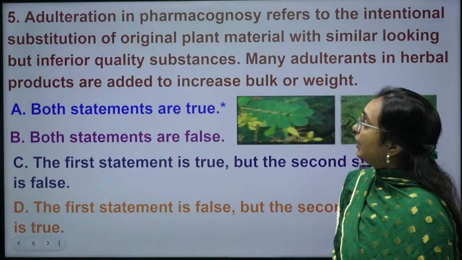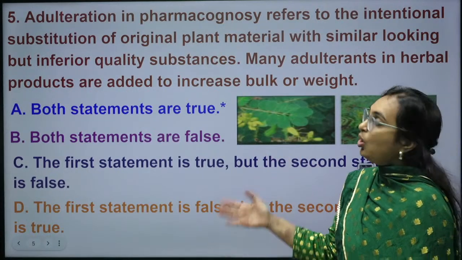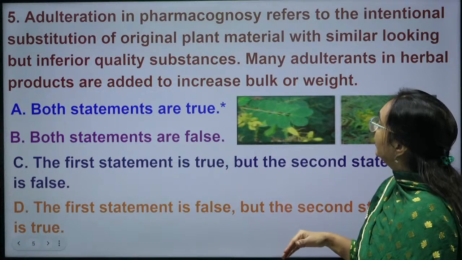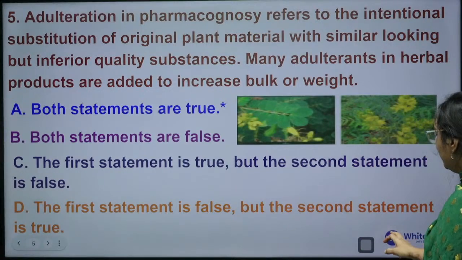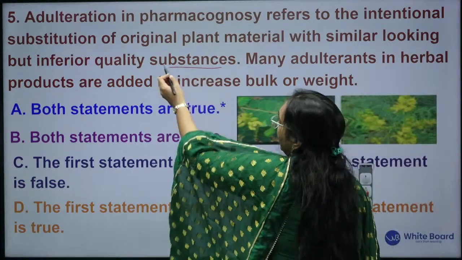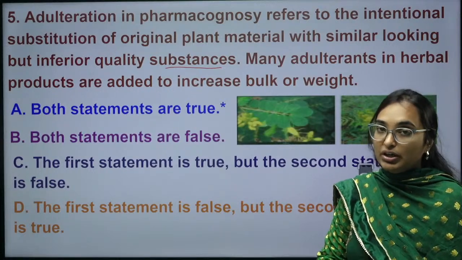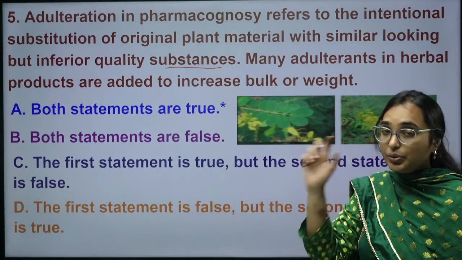Next question. Adulteration in pharmacognosy refers to the intentional substitution of original plant material with similar looking but inferior quality substances. As I just said, it is a substitution of cheaper quality material instead of original pure material.